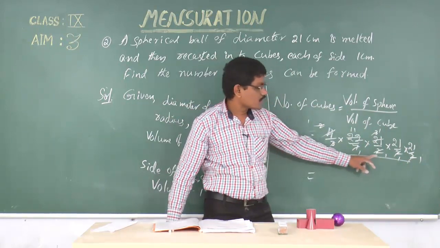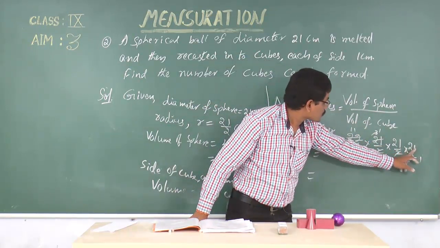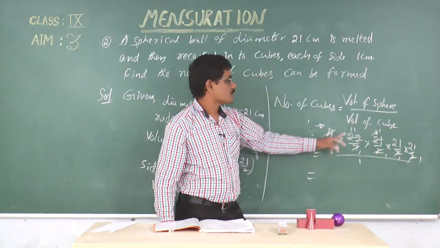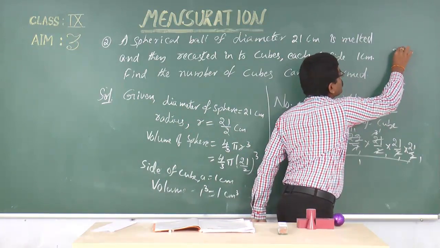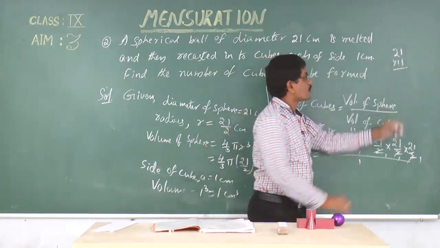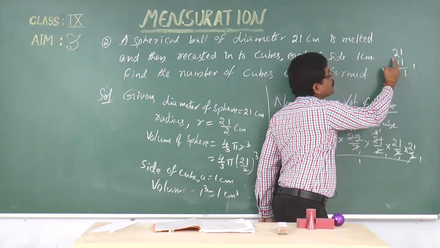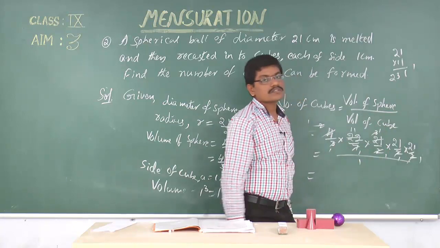In the numerator there is no other value, so just multiply the numerator: 21 and 11. 21 into 11. 11 ones are 11, 11 twos are 22 and 1, 23.